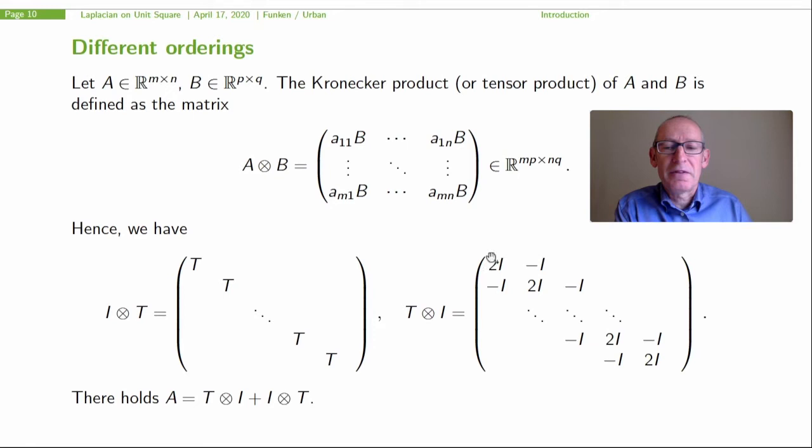So we should have a 4 on the diagonal, but the 4 you end up with comes from the matrix T, which is minus 1, 2, minus 1, and the 2 additional on the diagonal gives the 4. The minus 1 from the left and right neighbor is included in the matrix T. The minus 1 of the lower matrix is given by the row of block identities, and the upper minus 1 is given by this block row.